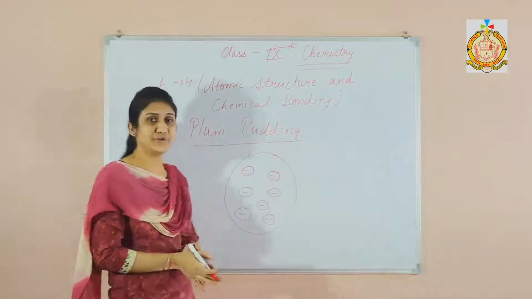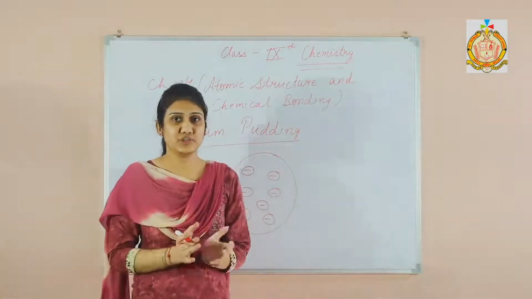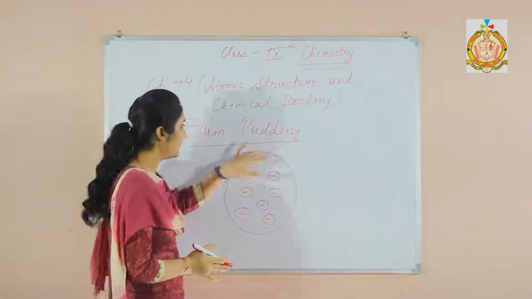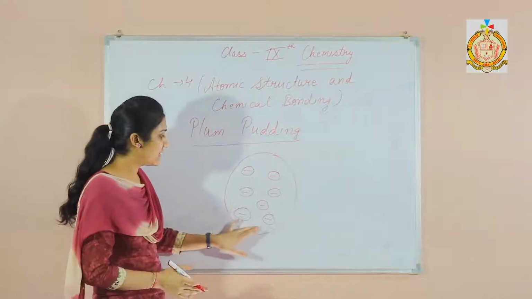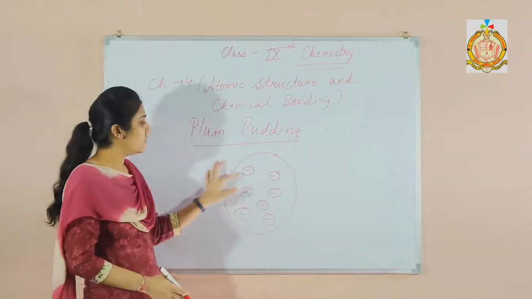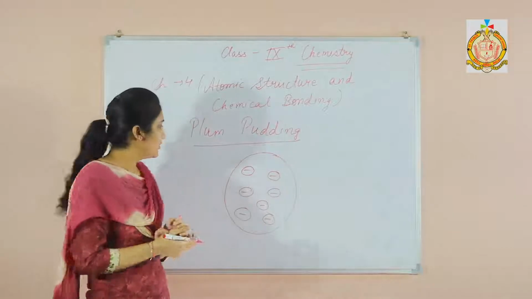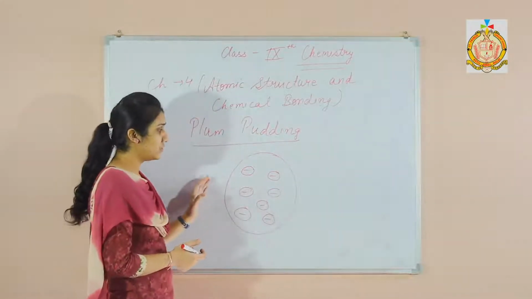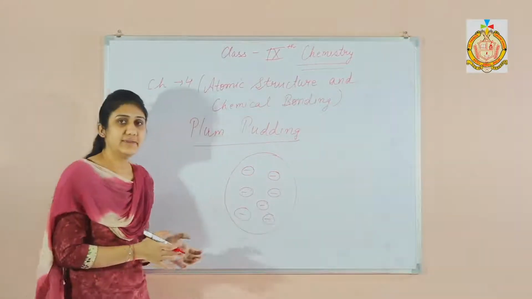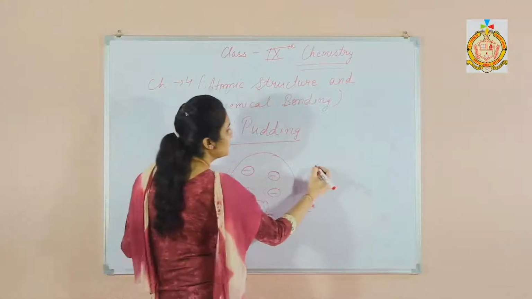You can also take the example of watermelon. In the case of watermelon, the red portion is positively charged, like this portion here, and the electrons are embedded like the black seeds in the watermelon. So as a whole, electrons and protons combine, and the atom as a whole is neutral.